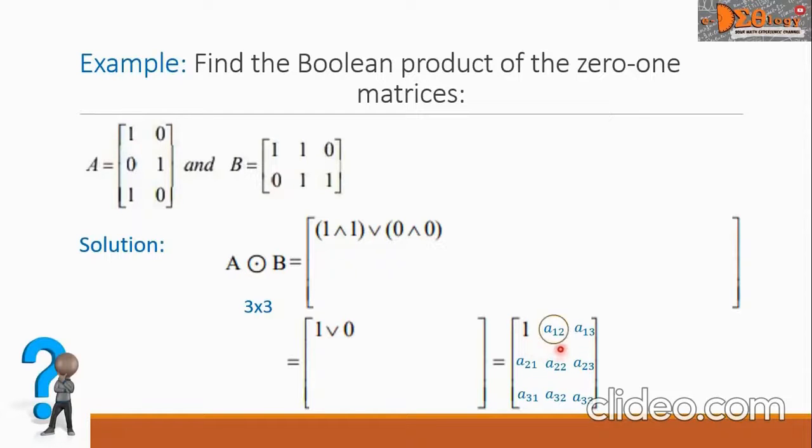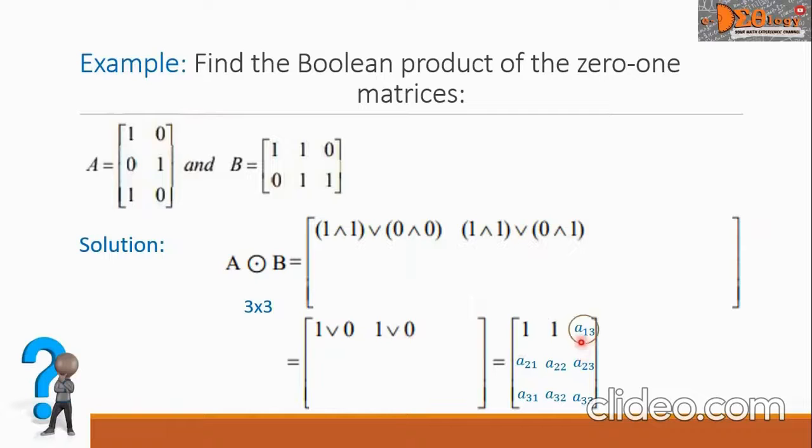Then c sub 1,2. We need the first row of A and the second column of B. So we write here 1 and 1, or 0 and 1. The 1 and 1 is 1, and 0 and 1 is 0. 1 or 0 is 1.